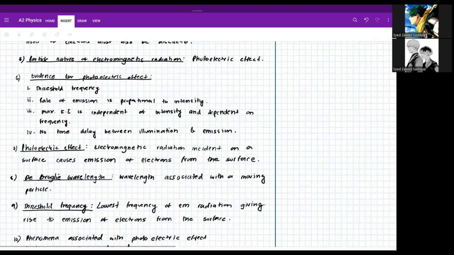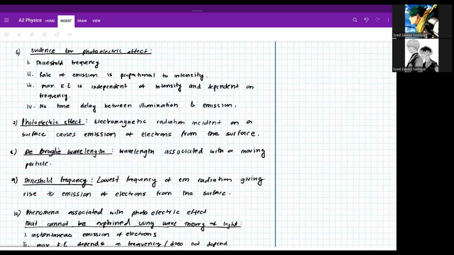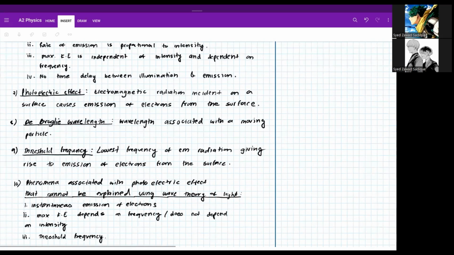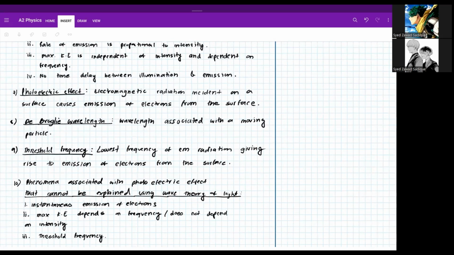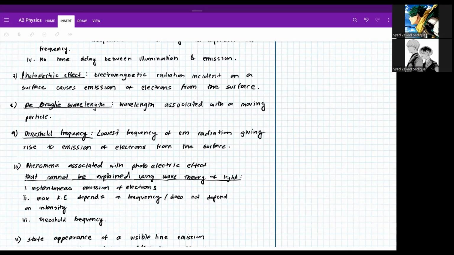Then we have the definition of the photoelectric effect, which is electromagnetic radiation incident on a surface causing emission of electrons from the surface. The de Broglie wavelength is the wavelength associated with a moving particle. The threshold frequency is the lowest frequency of electromagnetic radiation giving rise to emission of electrons from the surface.